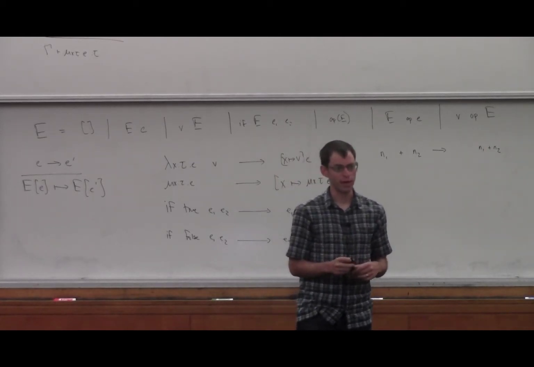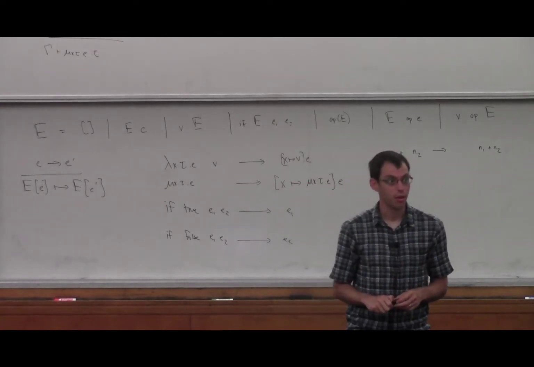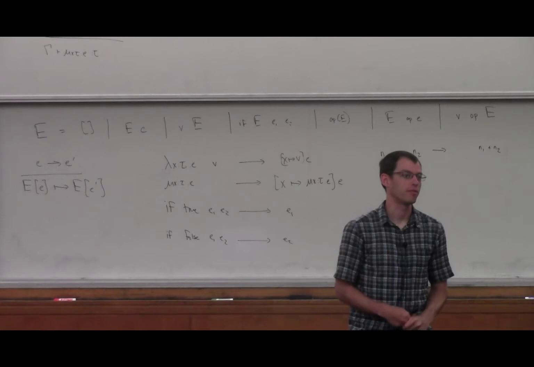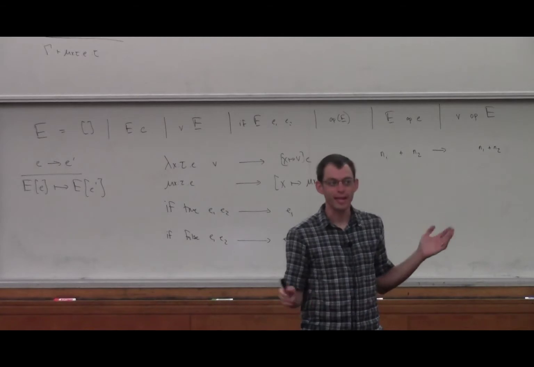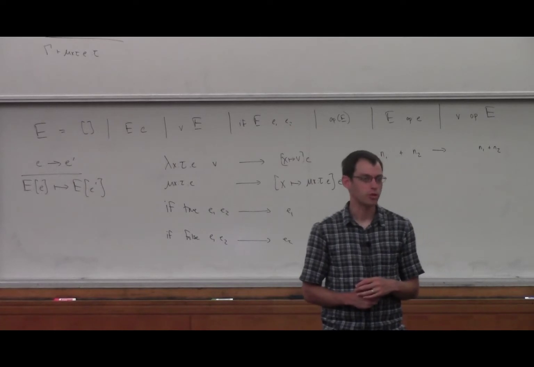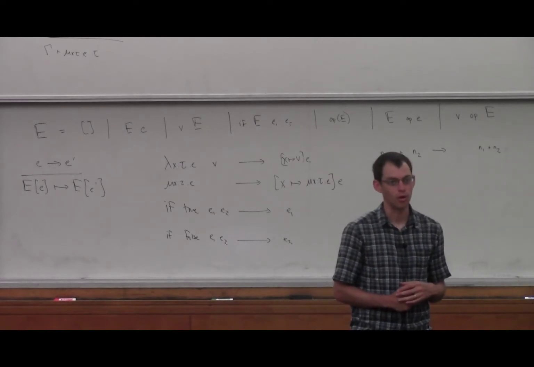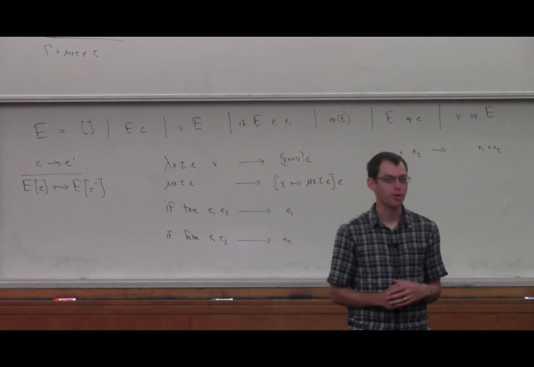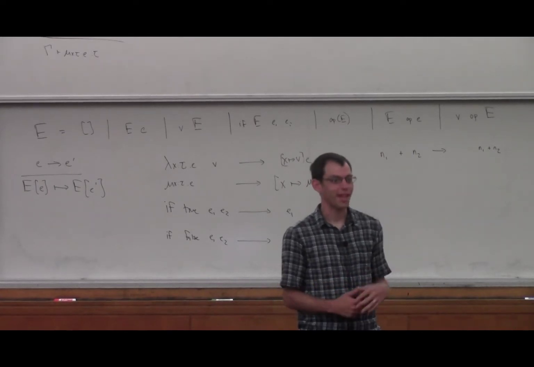And in fact, this is what David did yesterday in his presentation. He had a notion of reduction A that was for arithmetic, and that was where you just wrote down the big list of arithmetic rules. But ultimately, there's no way of getting around writing down the rules for all the operations. Whether what you're doing is describing the semantics of a programming language or implementing a compiler or implementing the x86 processor in your laptop, you've got to have a case for all of the operations, and there are a lot of them, and that's just life.